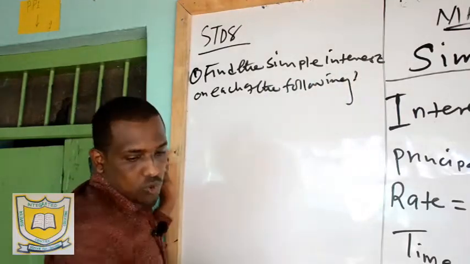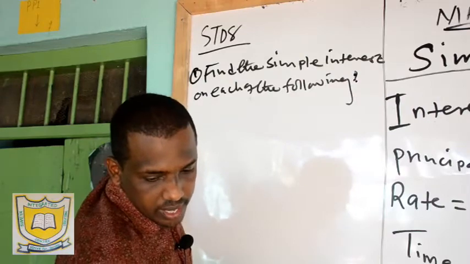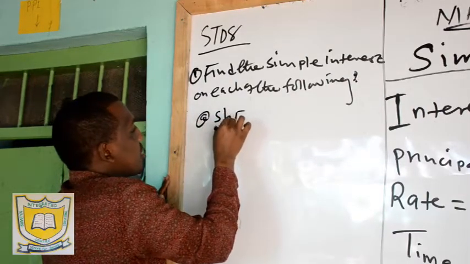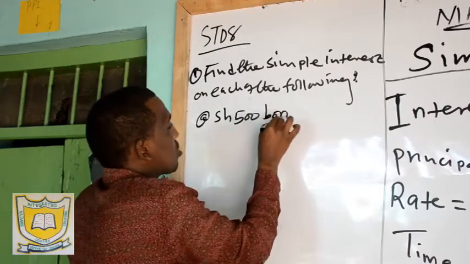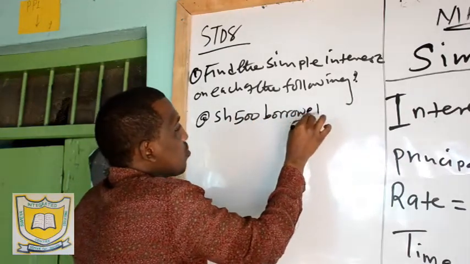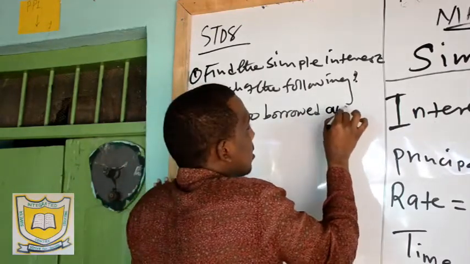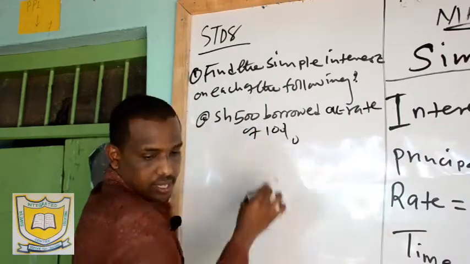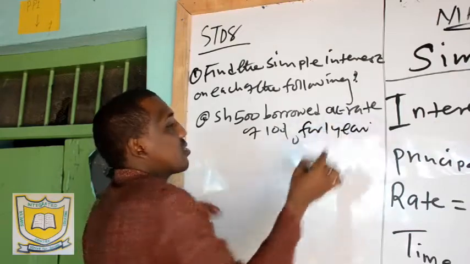Shillings 500 borrowed at the rate of 10% for 1 year.